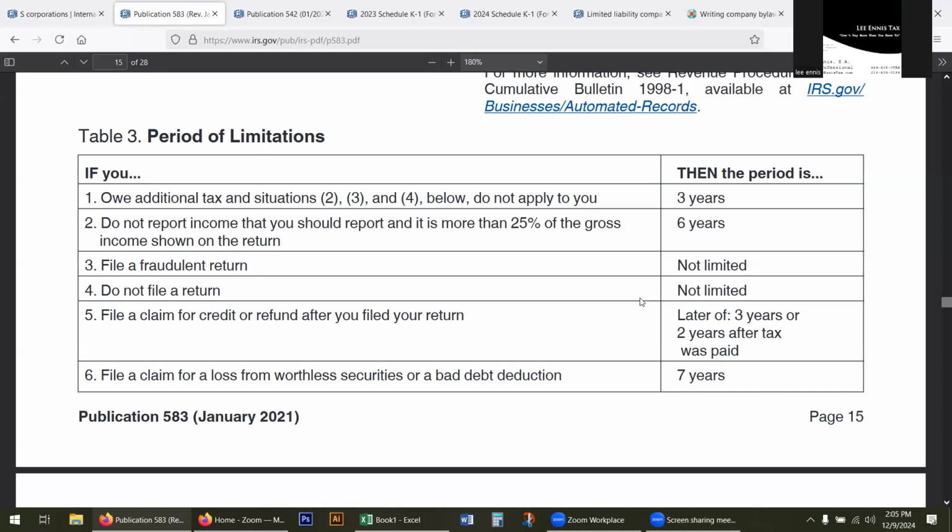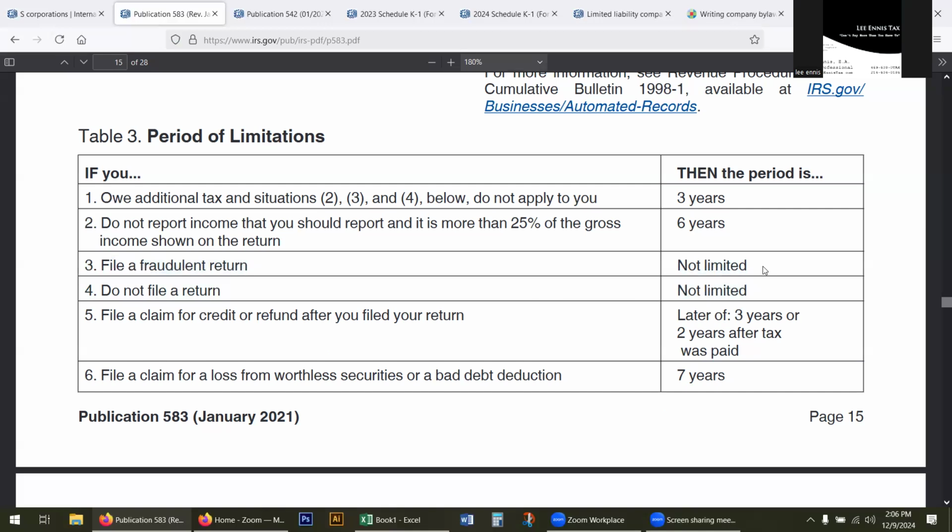All right, now this is how long you ought to keep your records. The IRS has some fairly liberal timelines, as you can see here. If you file a fraudulent return, there is no limit.